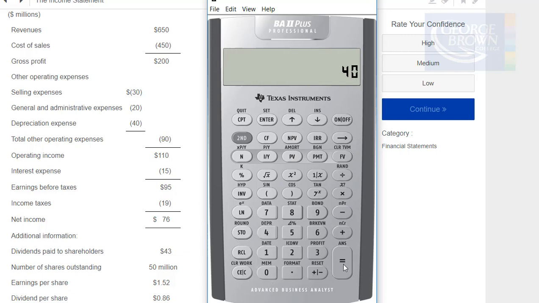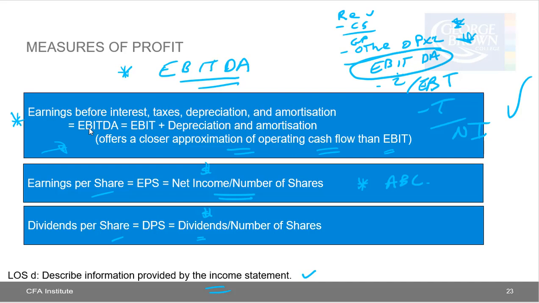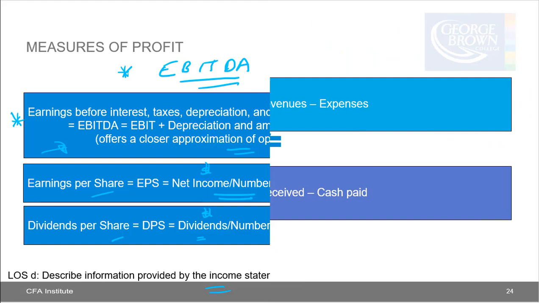So for ABC Company for 20X2, its EBITDA would be 150, okay, which is higher than the earnings before interest and tax, or the operating income. And we're doing that to more closely approximate the cash earnings, operating cash, because you can see that the income statement is including a non-cash item, depreciation expense. Okay, so that is just finishing off the earnings before interest and tax, depreciation and amortization, EBITDA.